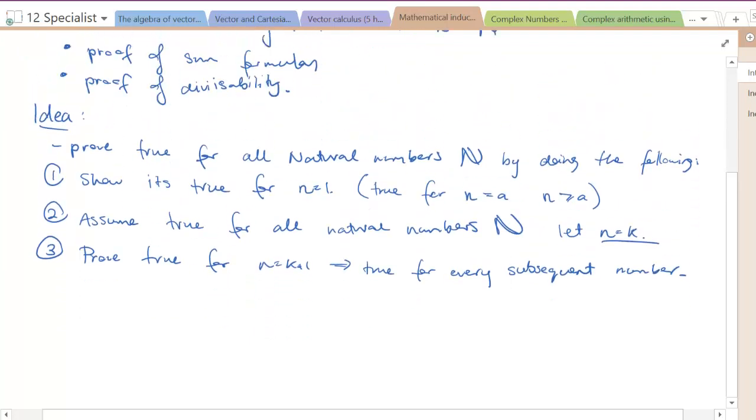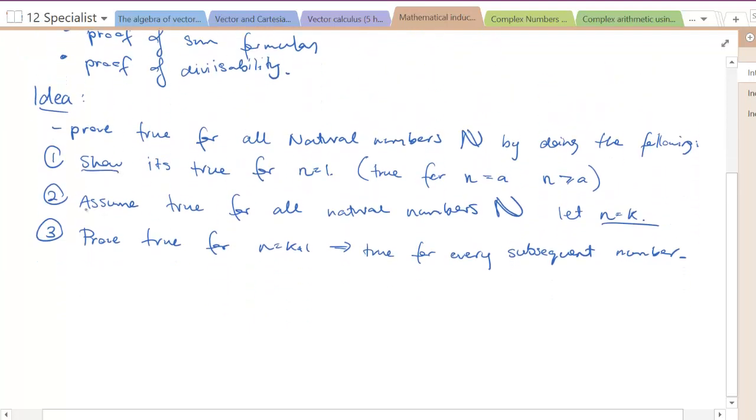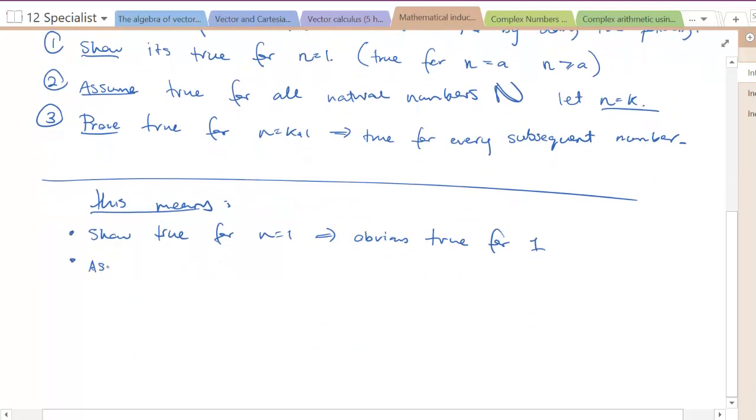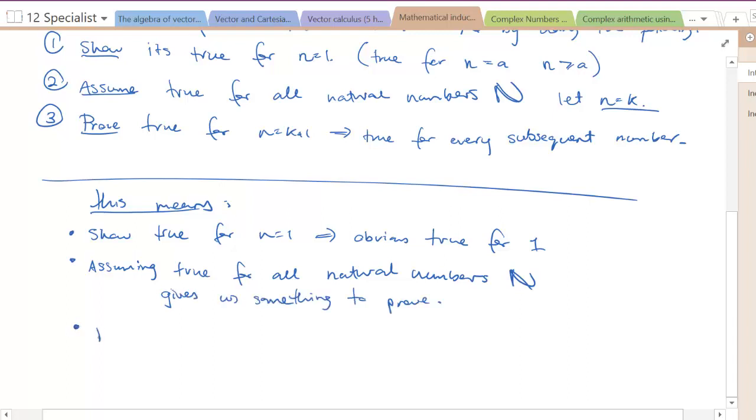What this really means is that by following these 3 steps, show, assume, and prove, if we show it's true for n equals 1, then it's obvious that it's true for 1. That should be pretty straightforward. Assuming it's true for all natural numbers gives us something to prove. Now the idea is if we prove true for n equals k plus 1, that means if it's true for n equals 1, then it follows that it's true for n equals 1 plus 1, which is 2.